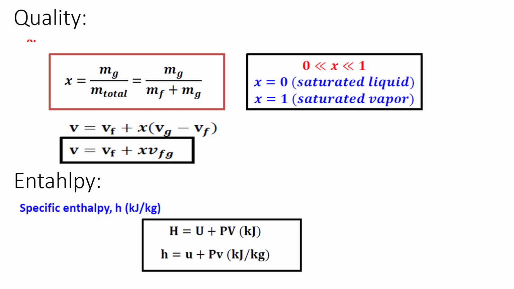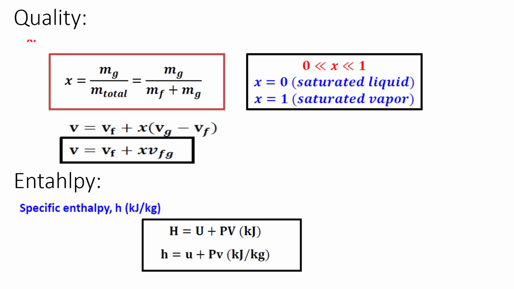If the phase is a mixture, then use the equation to find the specific volume, V. You can use the equation V equals Vf plus X times (Vg minus Vf). Vf stands for specific volume of saturated liquid. Vg stands for specific volume of saturated vapor.